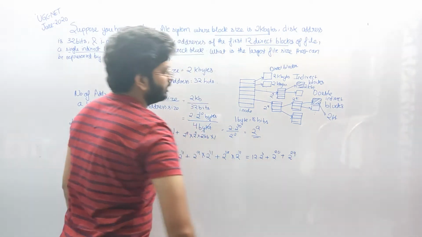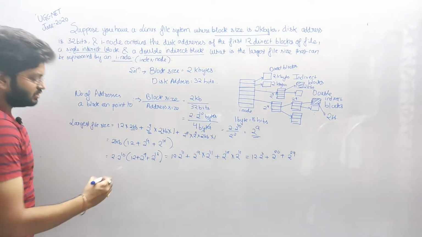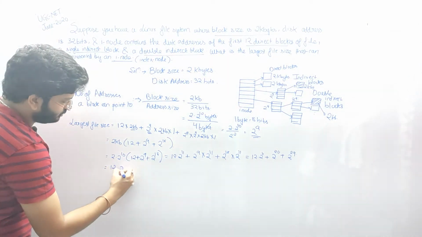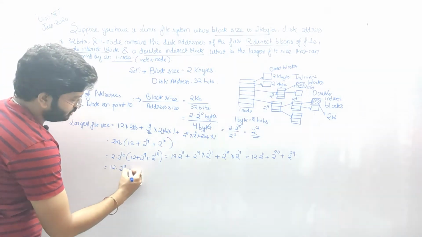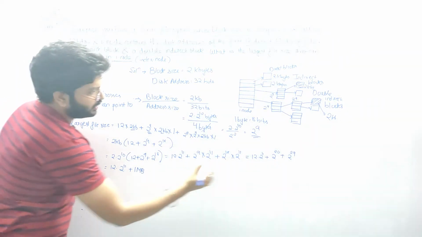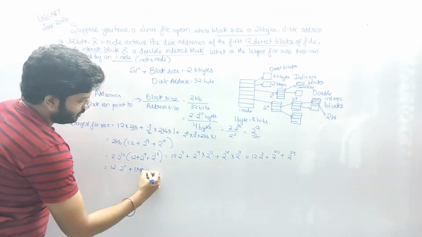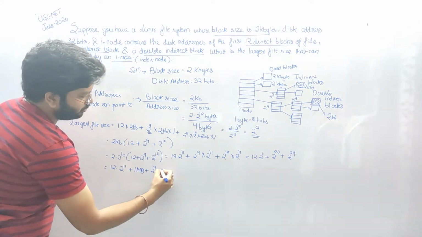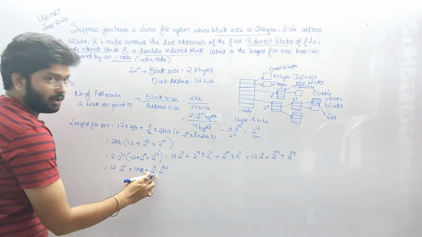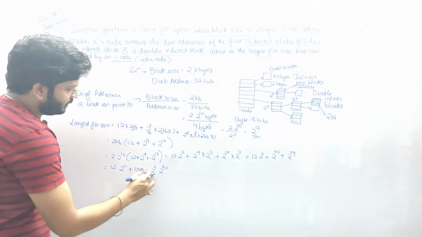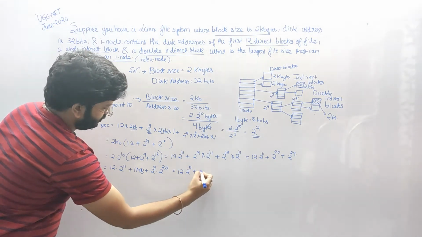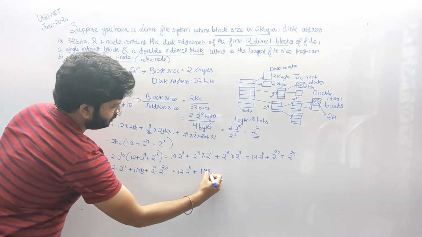Now let's make some conversions. 12 into 2 power 11 stays as it is. 2 power 20 is 1 MB, and I am breaking 2 power 29 as 2 power 9 into 2 power 20. 2 power 20 is 1 MB.